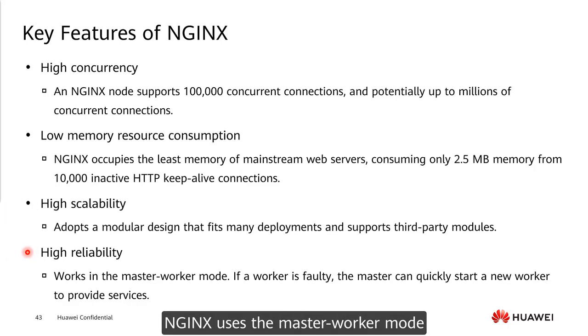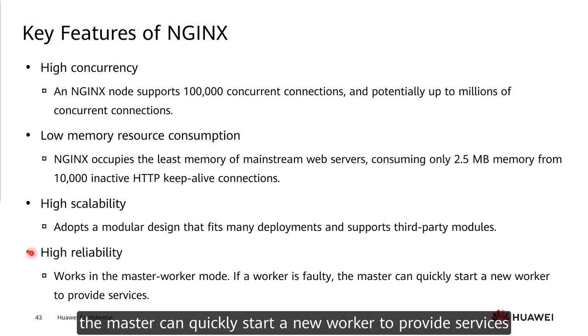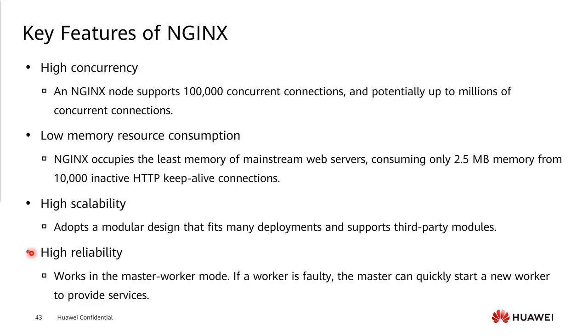Finally, Nginx uses the master and worker mode. If a worker is faulty, the master can quickly start a new worker to provide services, ensuring high availability of the service. It also supports TCP and UDP load balancing and reverse proxy to provide reliable services in complex network environments.